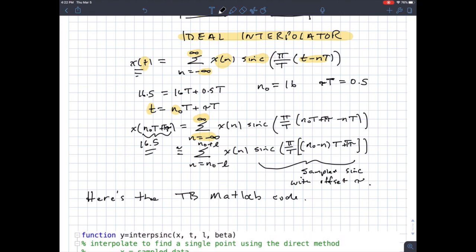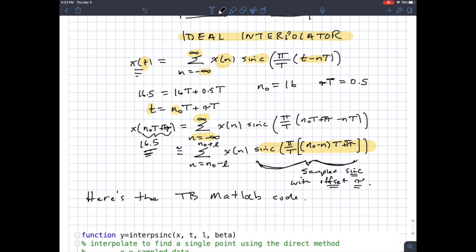But when I plug in to the value of t, I get the sinc function here as this signal, and effectively what I'm getting is equally spaced samples of the sinc function sampled with an offset of tau. Okay, so I can do that. I can get that data, I can form this finite sum, do this calculation, and I get an interpolation.